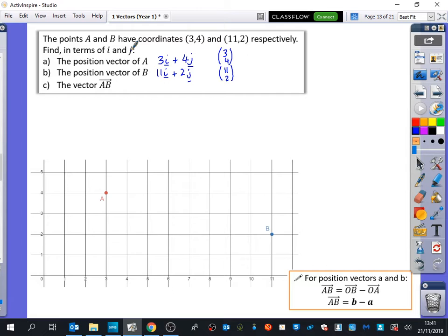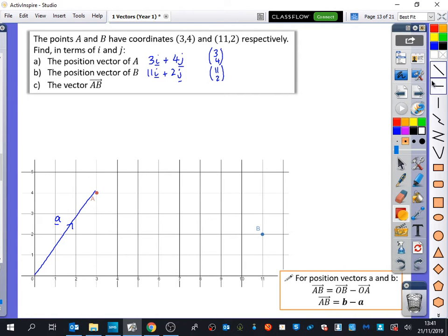We now want to find out what is the vector AB. So I'm going to draw some things onto the diagram here. To find the vector AB, well, this is the position vector A. I might need to use a straight line for this so that I don't make a mess of my diagram. Let's put this in blue as well. This is the position vector for B, and we're trying to find out the vector AB, which I might just do in a different colour here.